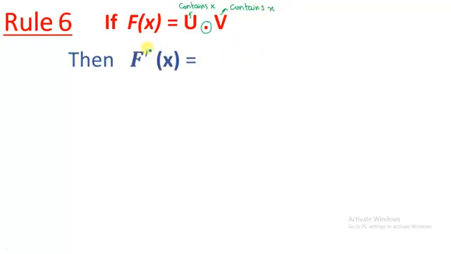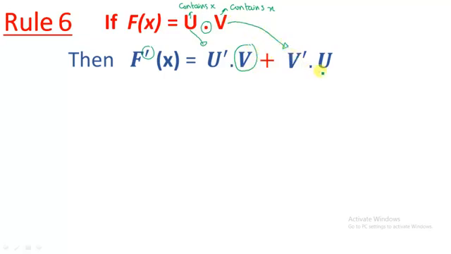Let's see. Then f prime of x in this case equals u prime multiplied by v plus v prime multiplied by u. يعني بنعمل derivative للu وبنضربها بالv نفسها بلس تاني مرة بنعمل derivative للv وبنضربها بالu نفسها. So we will see this in an example.